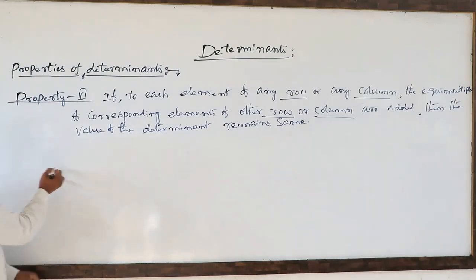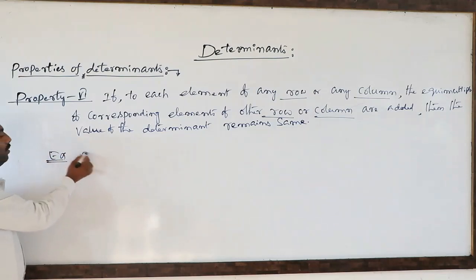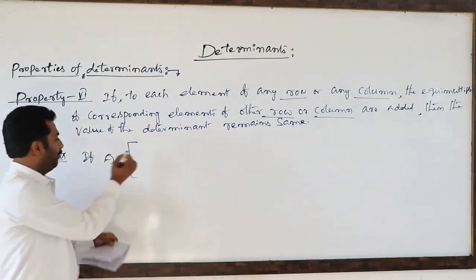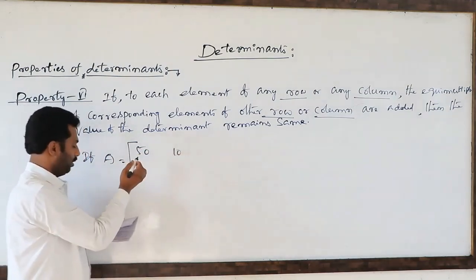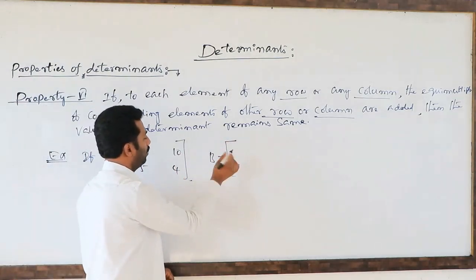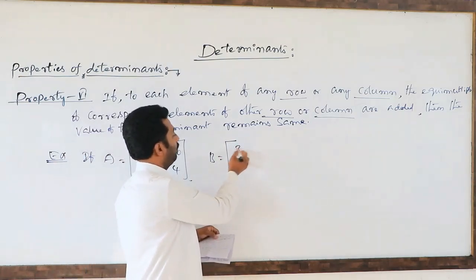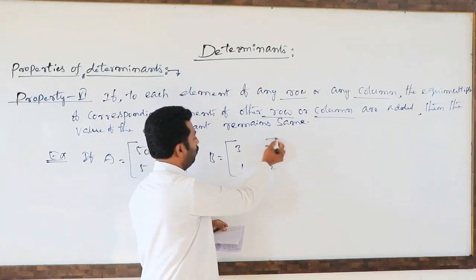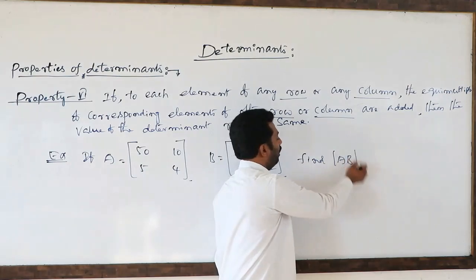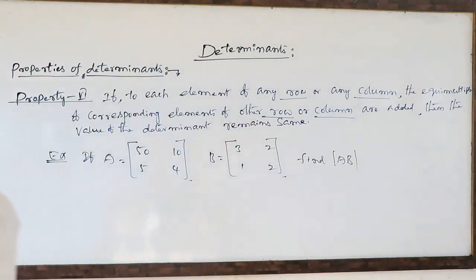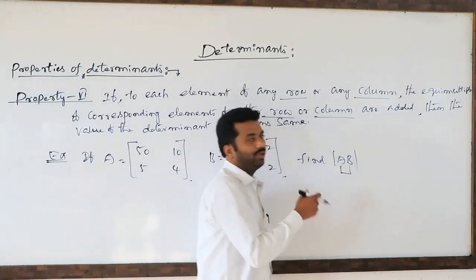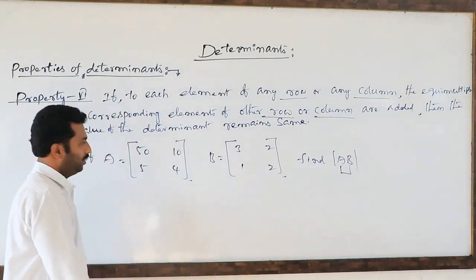One simple example I will tell you. If A is equal to 15, 10, 5, 4 and B is equal to 3, 2, 1, 2, then they will ask for the determinant of AB. To calculate the determinant of AB, first we would have to multiply these two matrices, and the values may be large numbers.